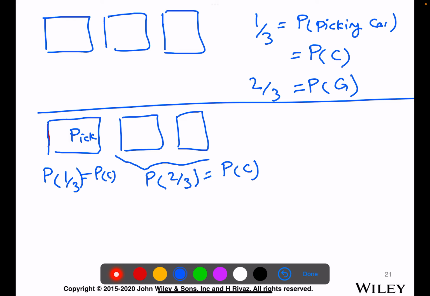So again, the same question, I just wrote it in a different way. If you pick door 1, the probability of you picking the car is 1/3, and the probability of the car being behind one of the other 2 doors is 2/3.